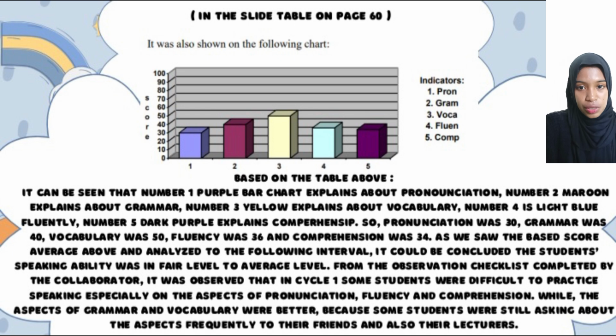From the observation checklist and the collaboration, it was observed that in cycle 1, some students found it difficult to practice speaking, especially in the aspects of pronunciation, fluency, and comprehension, while grammar and vocabulary were better because some students kept asking about those aspects of their friends and also their lecturers.